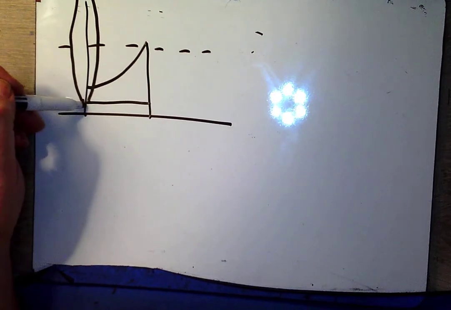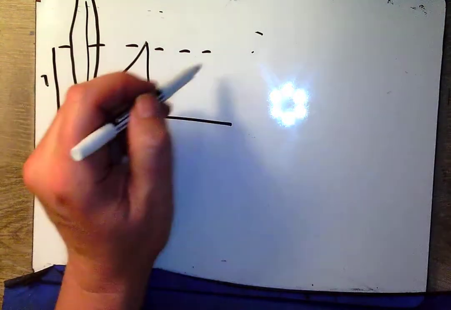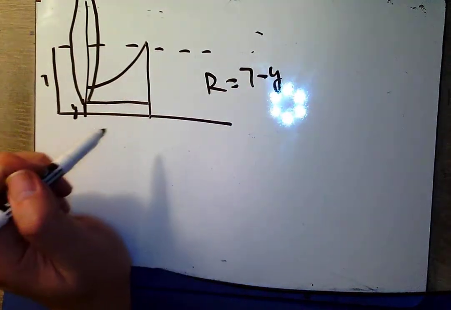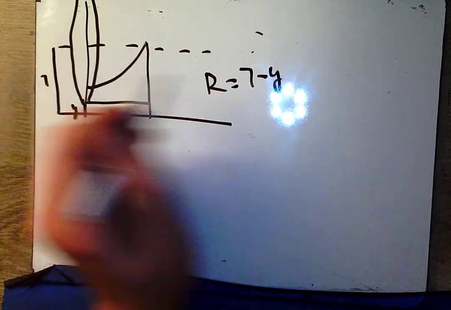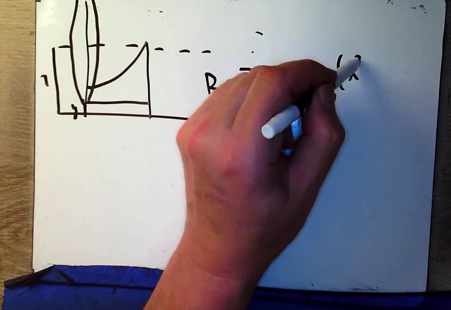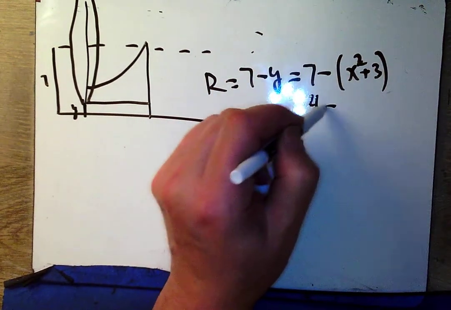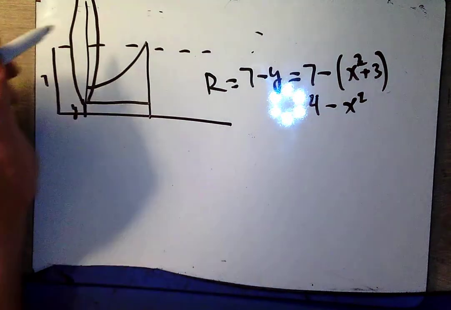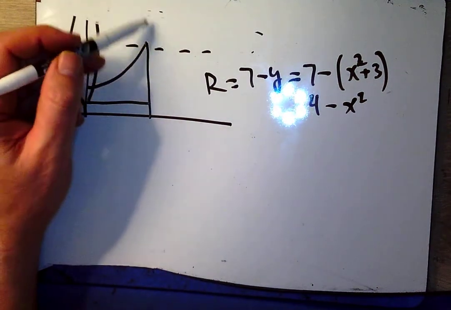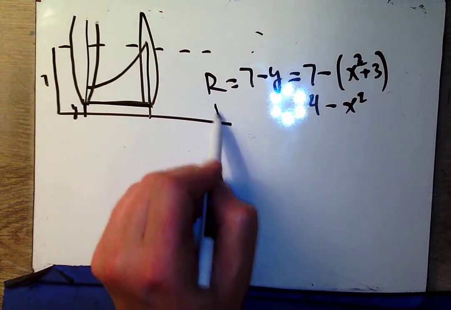Okay, that is y, that is 7. So big R is 7 minus y. And since this is dx, we want 7 minus x to the third, x squared plus 3, or 4 minus x squared. All right, and we're doing shells, so we need a height, and that height is a constant height.